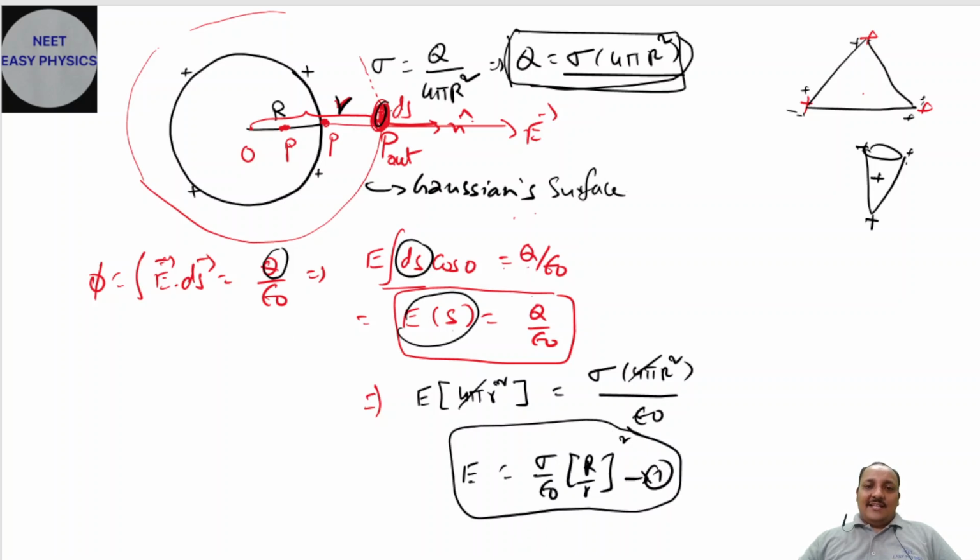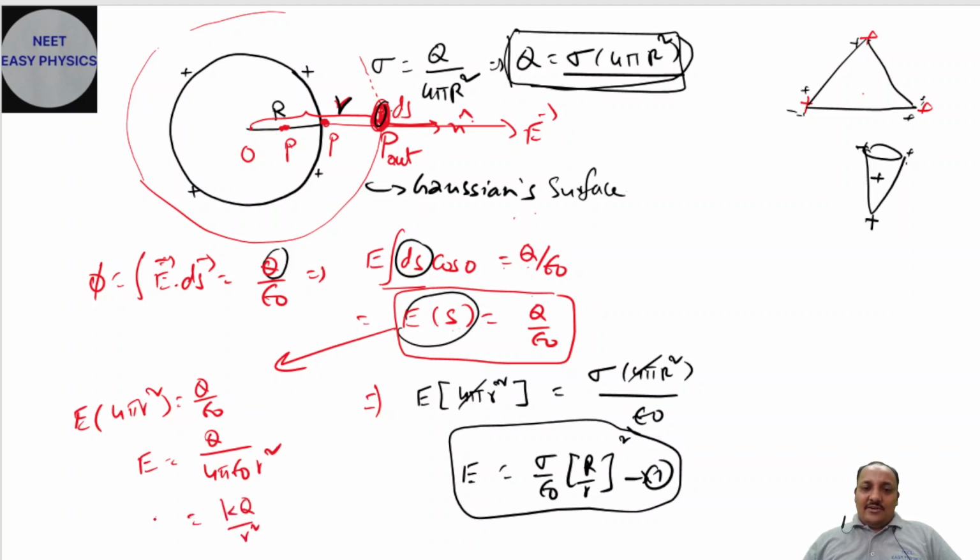If you write it as it is without writing the surface area, E into the surface area of the Gaussian surface is equal to Q by epsilon naught. E is equal to Q by 4 pi epsilon naught r square. This is also kQ by r square.